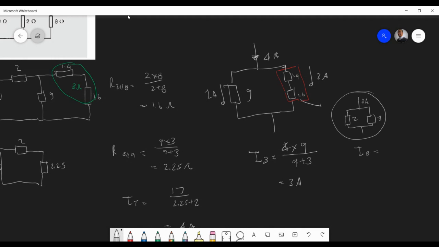We can say I8 equals the one we don't want, of course, 2, times IX, which is 3, over 8 plus 2, which is 6 over 10. So it's 3 times 2, 6 over 10, yeah. And this will give us 0.6 amps.